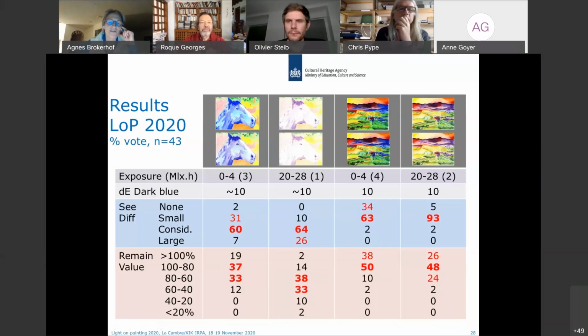I didn't ask you for arguments, but from previous experiments I know there's the loss of detail, the loss of artist intent, but also the feeling of I only have a little bit of color left, and if I lose any more, it's all gone. So it's that clinging on to the last bit of color that also plays there.